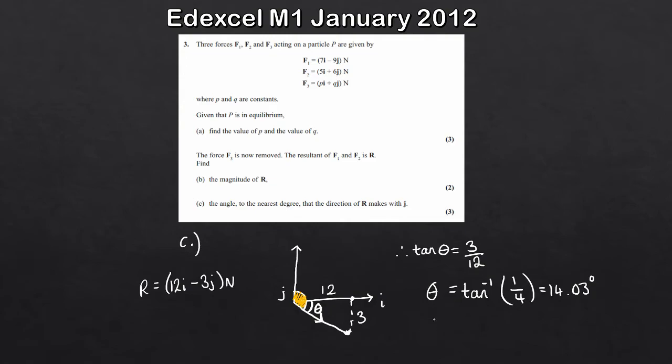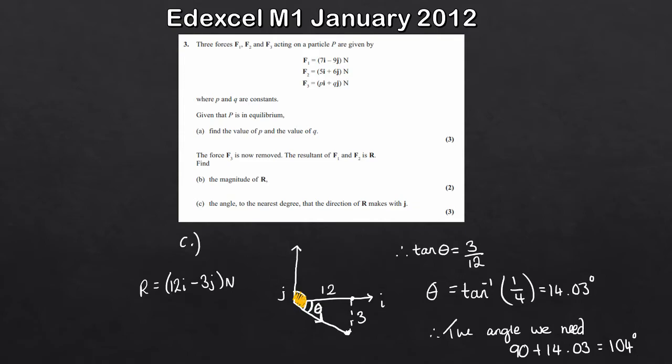So therefore, the angle we need is simply 90 degrees plus my 14.03. And if we add them together to the nearest degree, that would be 104 degrees. Obviously that wouldn't be quite what it is, but to the nearest, we get 104 degrees there. So I hope that one's helped.